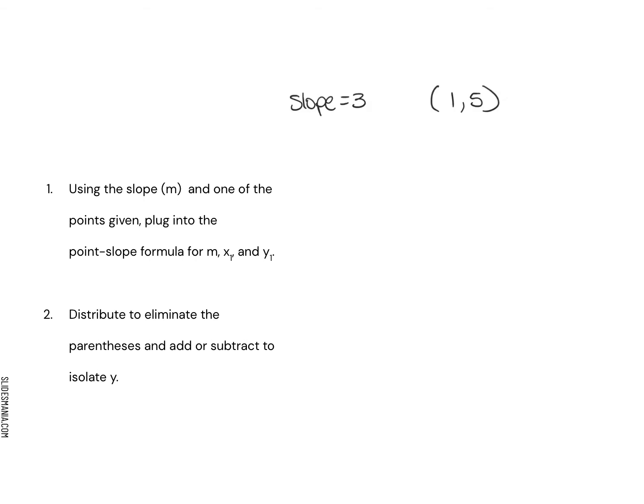Okay, let's do another example. Example 2, we're going to write the equation of a line with a slope of 3 passing through 1, 5. So m is our slope, so we'll plug in 3 for m, 1 for x1, and 5 for y1. y minus our y1, which is 5, equals m, which is 3, times x minus 1. So we've done step 1.